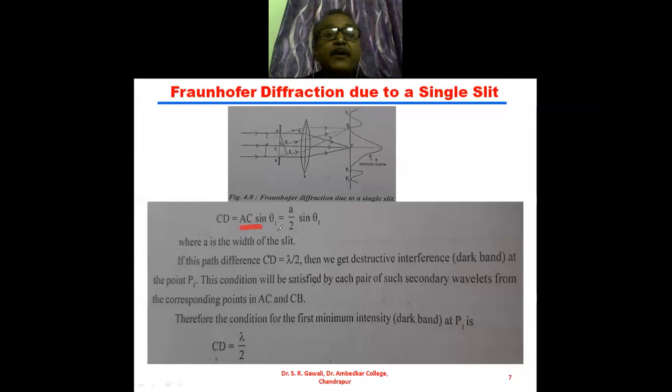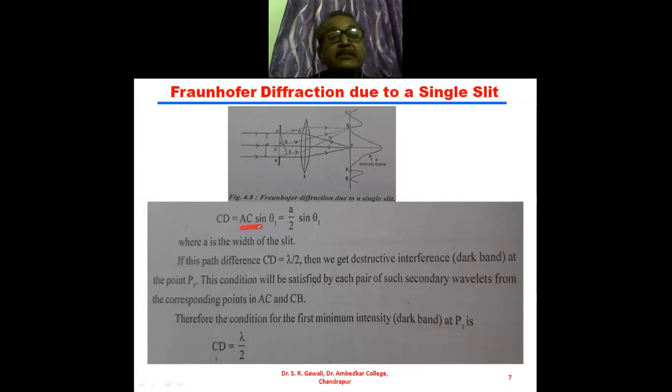Sin of θ1 is equal to what? Opposite side upon the hypotenuse. Opposite side is the CD and hypotenuse is the AC, and from that we get CD is equal to AC into sin of θ1.